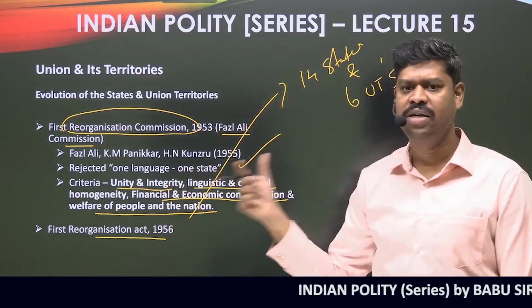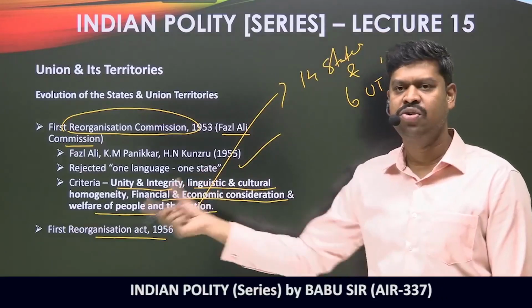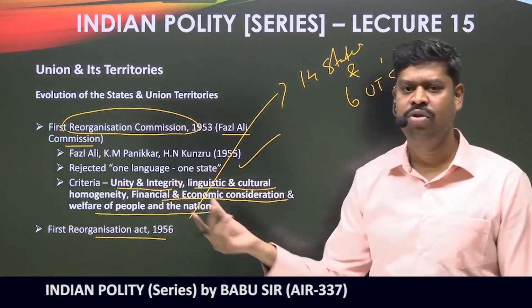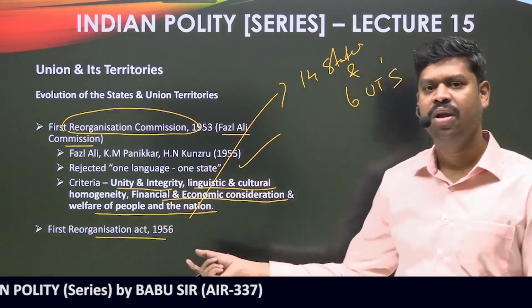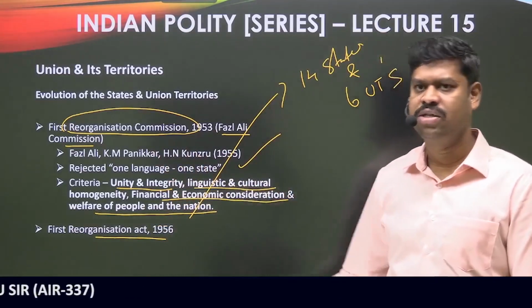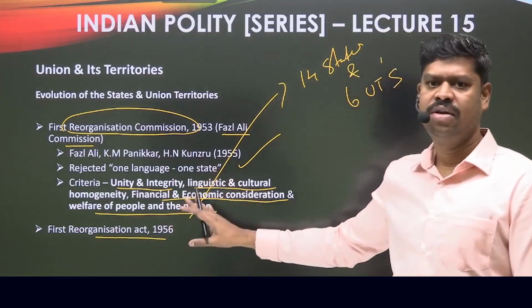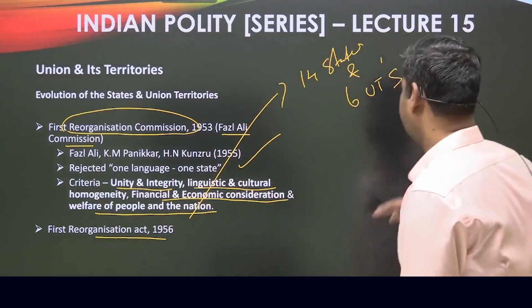So you can put your answers in the comment box. Is it article 2 or is it article 3? So based on which the parliament has made these things. If you know the answer, you can put it in the comment box. And if you watch my previous lecture, you will definitely be in a position to answer this question.